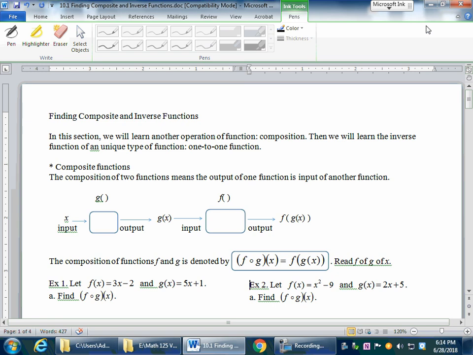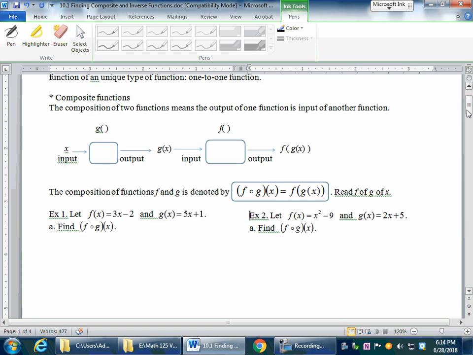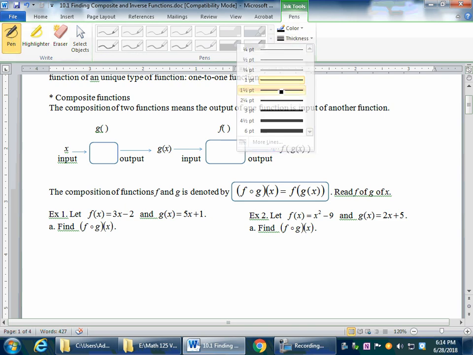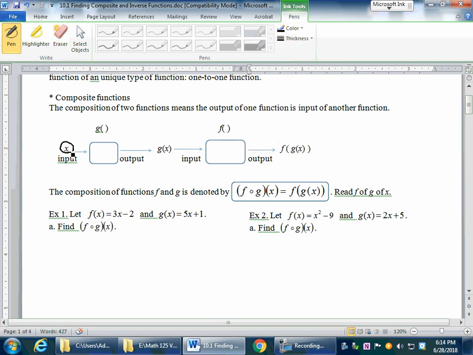Okay. So a composition function is basically something like this. You have a function within the function. So usually we put the input value x into a function, and the output value will become g of x.